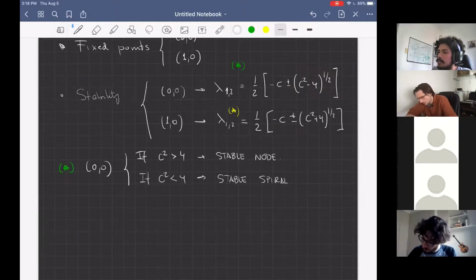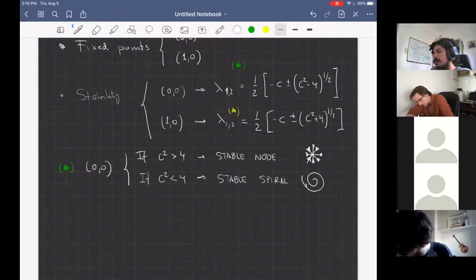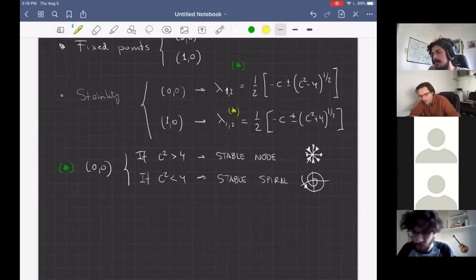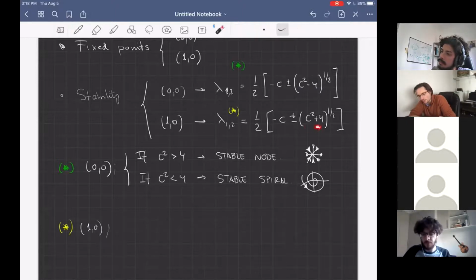So if we want to use, to me it helps a lot because sometimes with the names, I'm not very good at memorizing names. So basically this is the behavior that you would get in these two different points, depending on the value of C. For the yellow star, we don't have that problem because I have a positive sign here, so there is no way that this is negative.